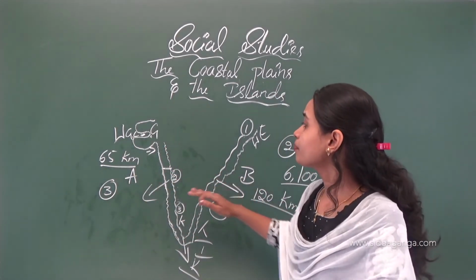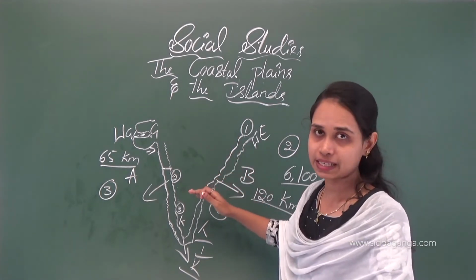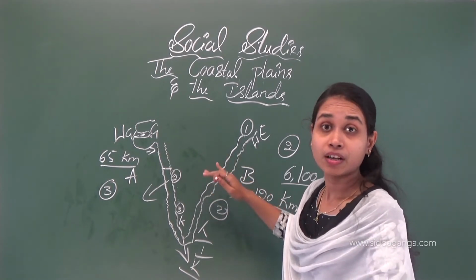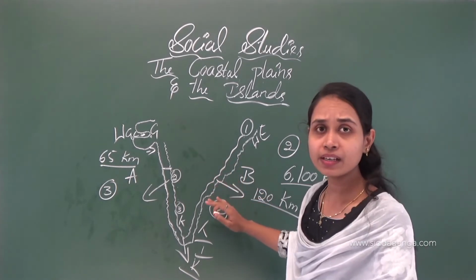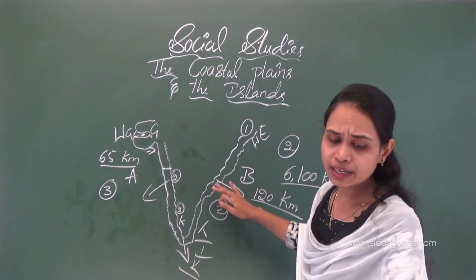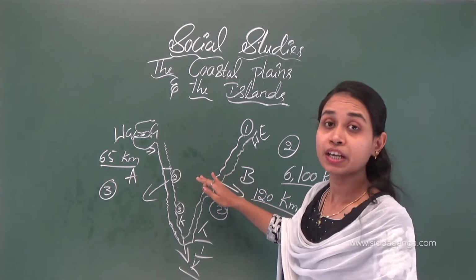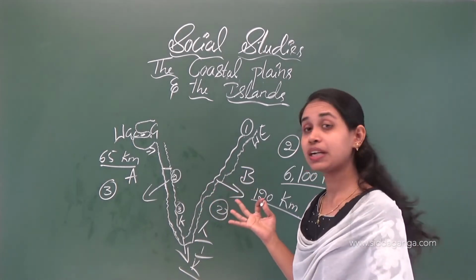Many rivers flow here in the Deccan Plateau, like Mahanadi, Godavari, Krishna, Kaveri. Rivers such as Mahanadi, Godavari, Krishna, Kaveri form large deltas also.